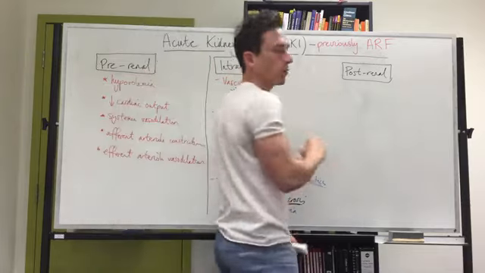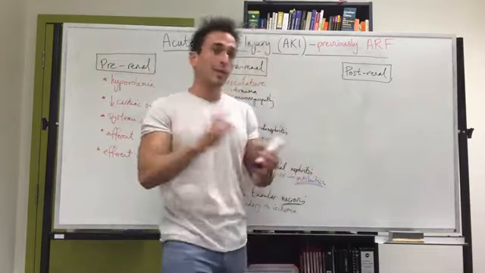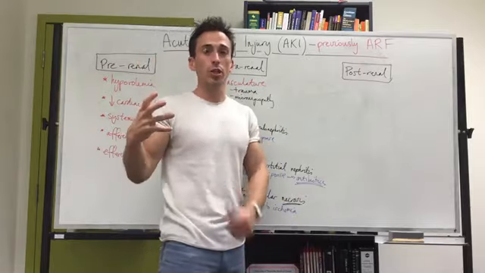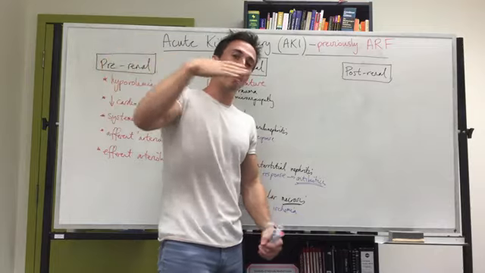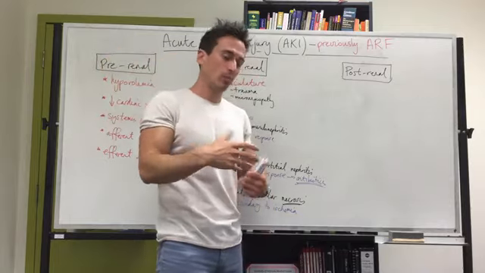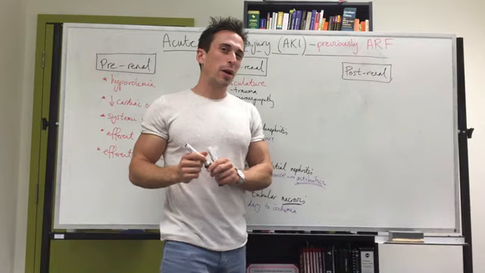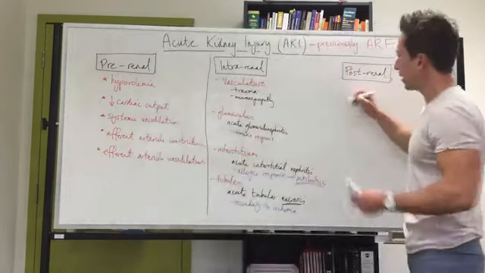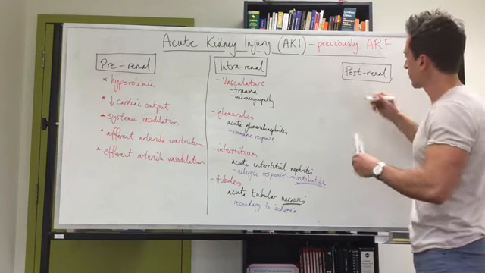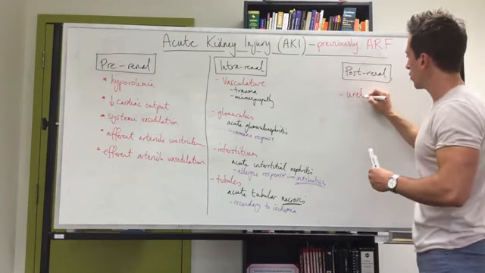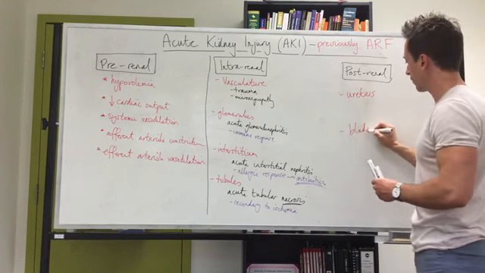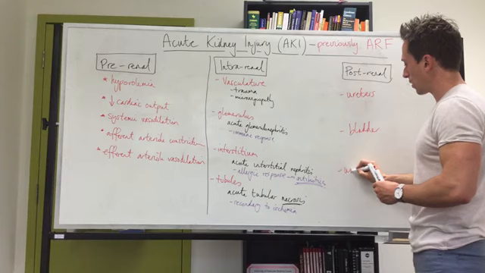What about post-renal? Well, when we look at post-renal, this is happening after the kidneys and usually has to do with some sort of obstruction, which is then working its way back into the kidney, causing damage. So where are the three major places that could be obstructed after the kidneys? Well, it could be the ureters, it could be the bladder, or it could be the urethra.